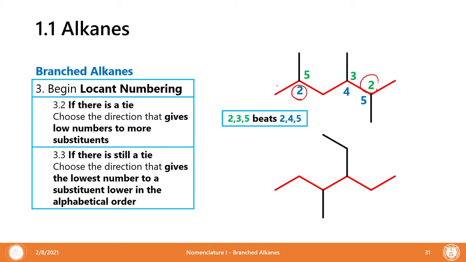We can look at 2, 3, and 5, and 2, 4, and 5. We want to look for the set that gives low numbers to more substituents. These two number 2s are the same, so we can't really compare them together. But the 3 and 4, we can compare those two. 3 is lower than 4, and so 2, 3, 5, or the green direction, would be the one we will choose.